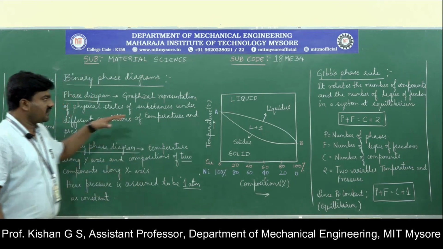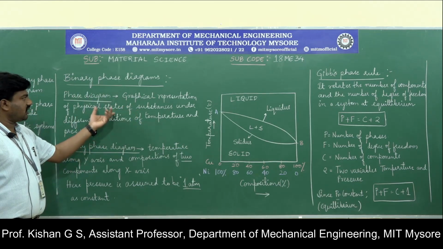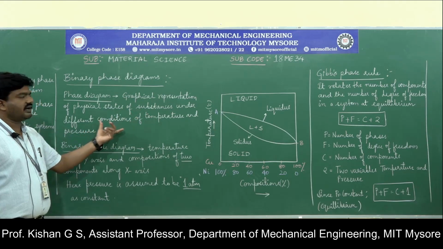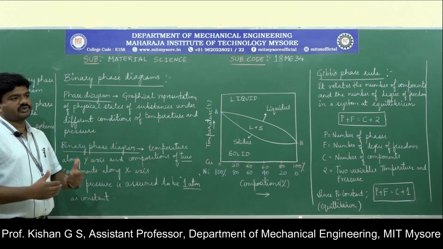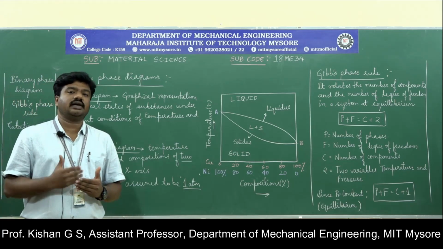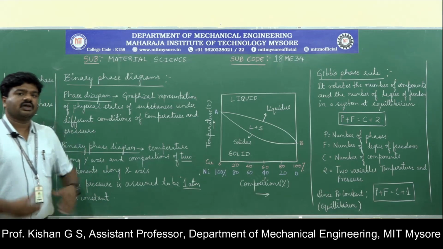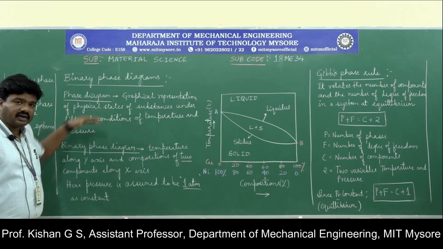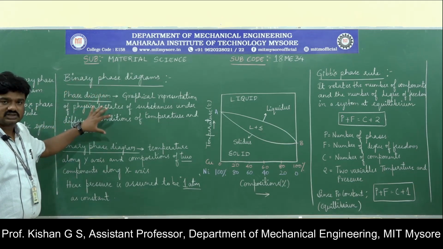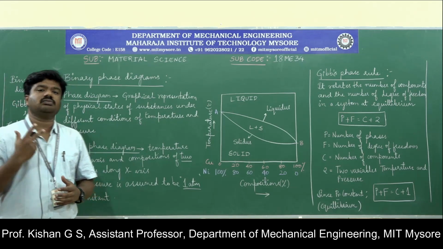So the phase diagram is a graphical representation of the physical states of substances under different conditions of temperature and pressure. With respect to a particular temperature, what will be the condition of a material in combination with the other material? When we take the binary phase diagram into context, for the same graphical representation as defined in the phase diagram, the number of components will be minimum 2.